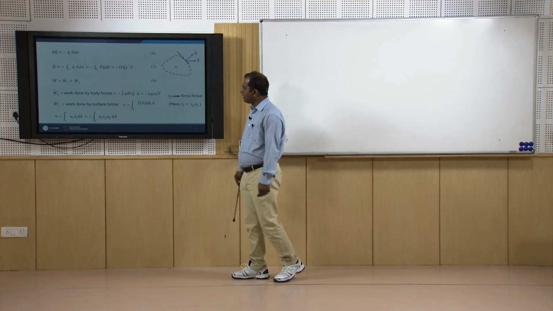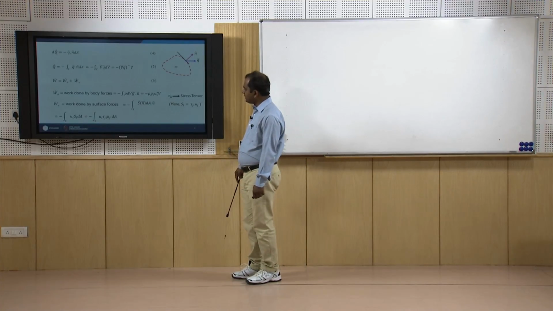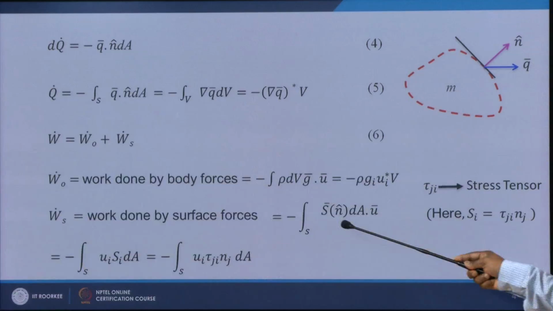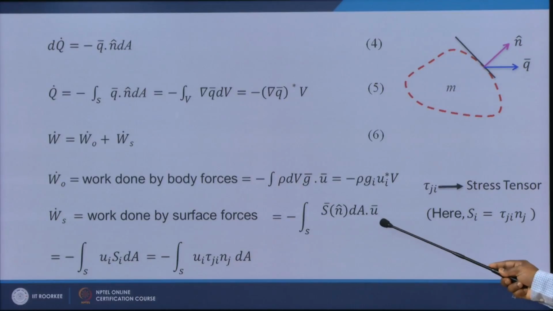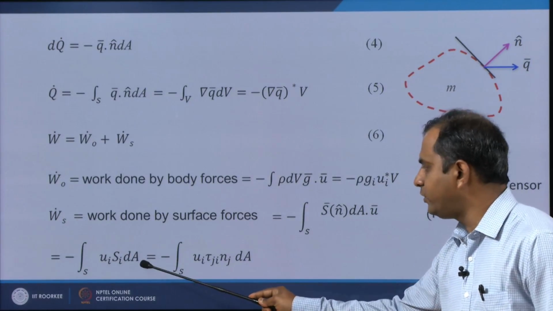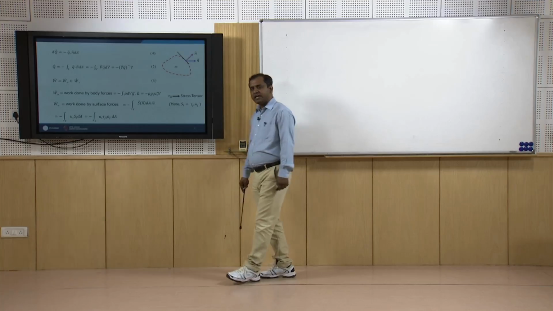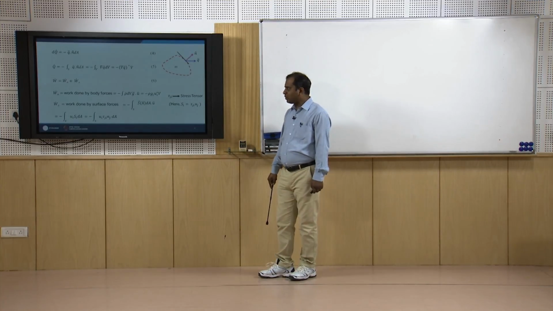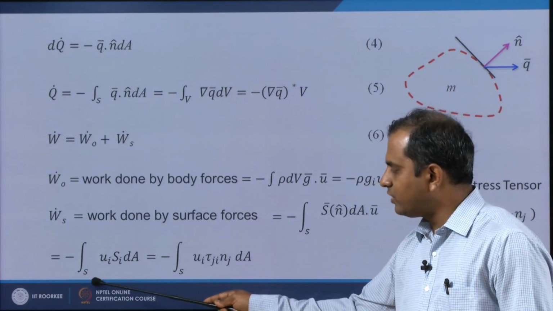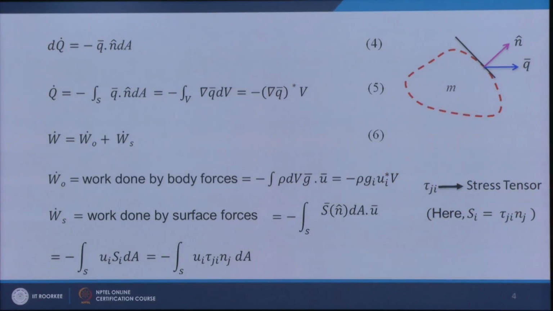Now, if we further simplify the work done by the surface force, we can write S n cap dA dot u as Ui into Si into dA. We are dealing here component-wise, writing the ith component, and then if we do the integration over the surface, we get the total work done by the surface forces.